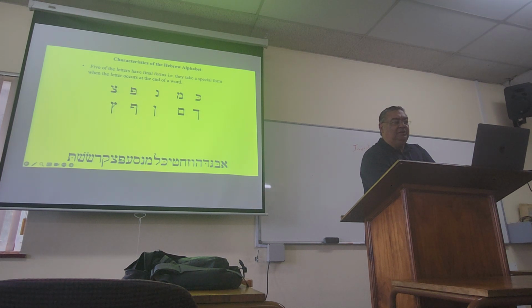It's just that this little curve over there that rests on the line, you bring it down and then you drop it below the line, and then you've got that same length down as you have with the final pay, a final nun and a final kaf. And those then are what we call the final forms of those letters.